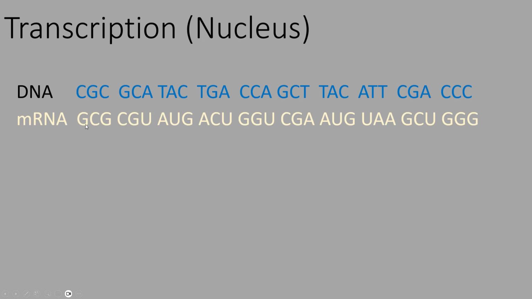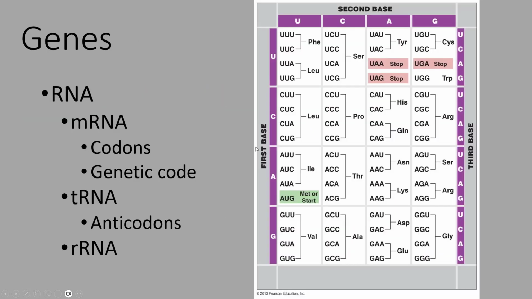So we read GCG, nothing. CGU, nothing. On and on and on. We get to AUG that says start making protein here, and it also says lay down the amino acid methionine. Every protein starts by having a methionine at the beginning.